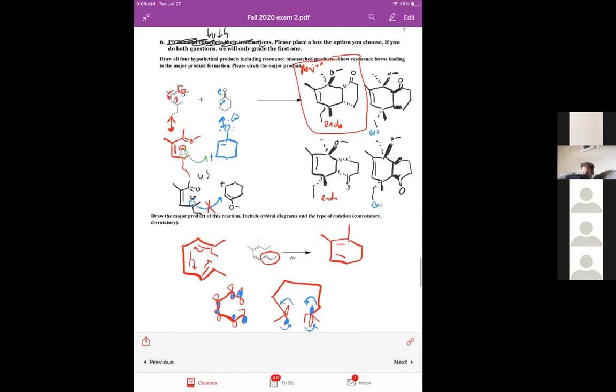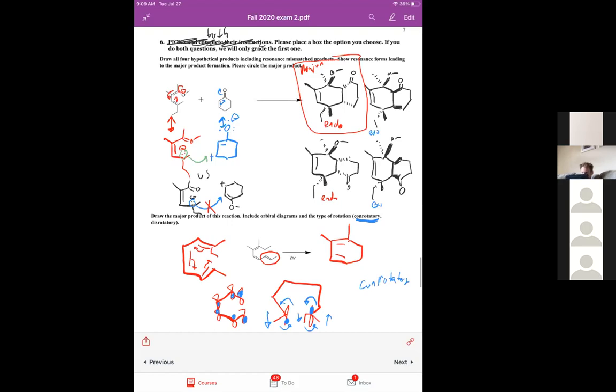They're rotating the same direction, which is counter-rotatory. Okay, it's going to push this down, this up, and then this here down.